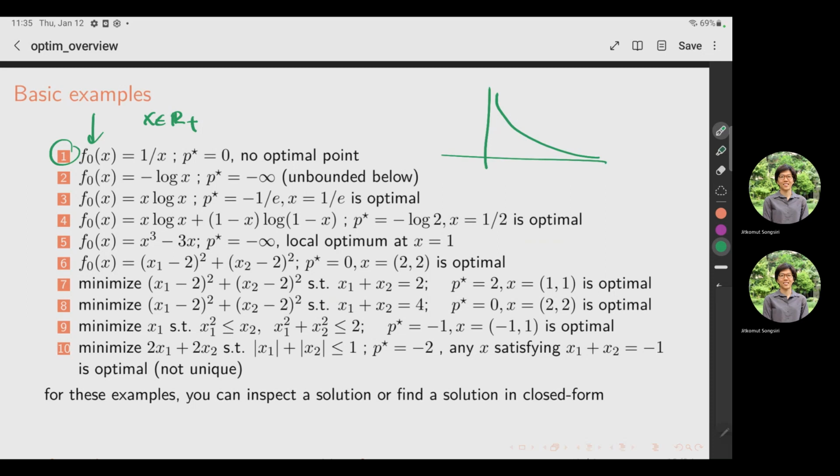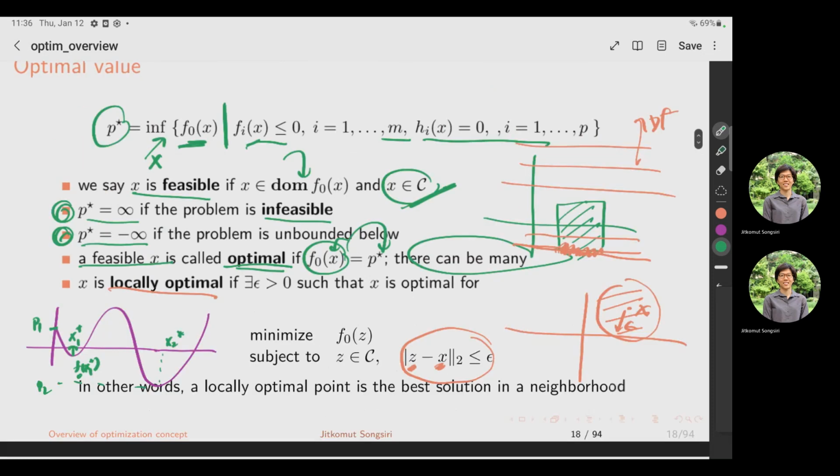P star is 0 because the infimum of this function is 0. But an optimal point is a point where it satisfies all the constraints and the corresponding function value is equal to the optimal value.